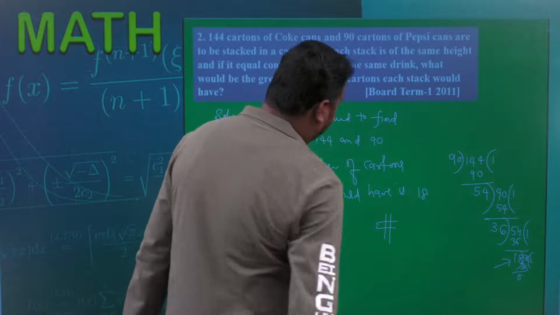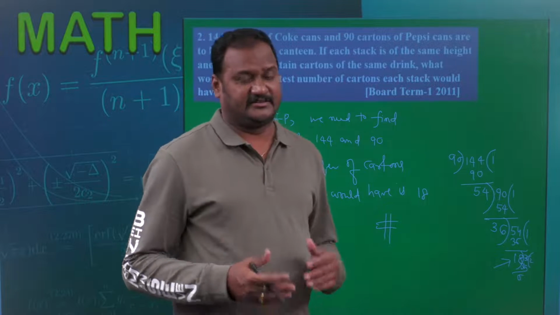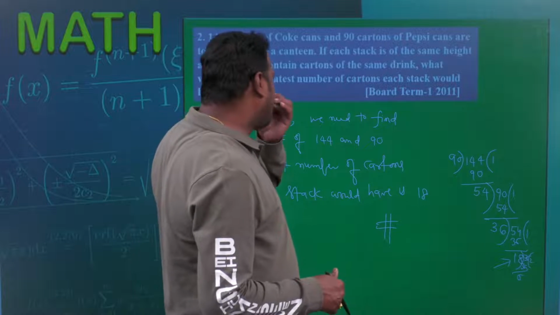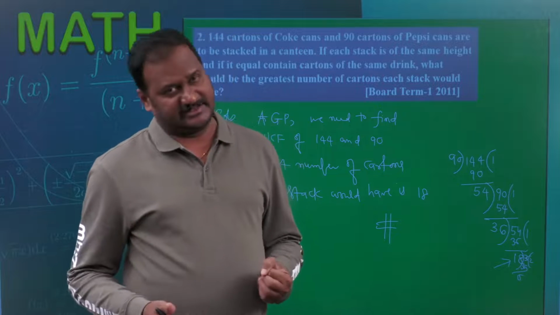So if there are 18 cartons, then 144 as well as 90 can be divided equally. You understand? These kinds of problems are pretty much easier in order to find whatever the result is.